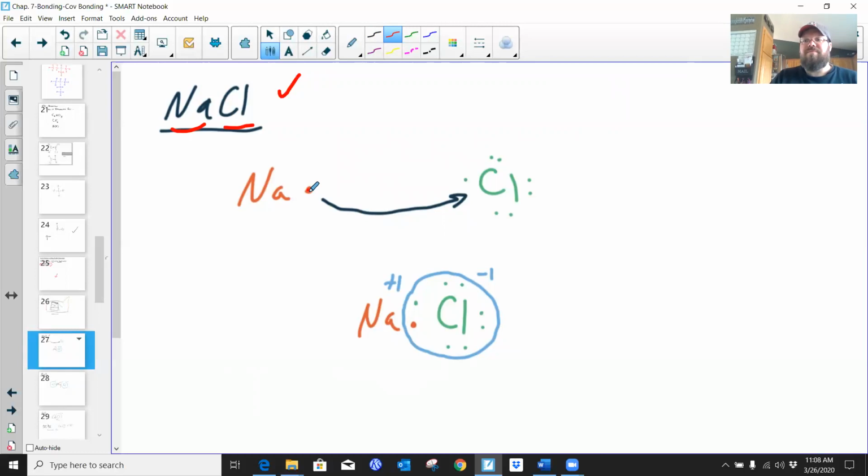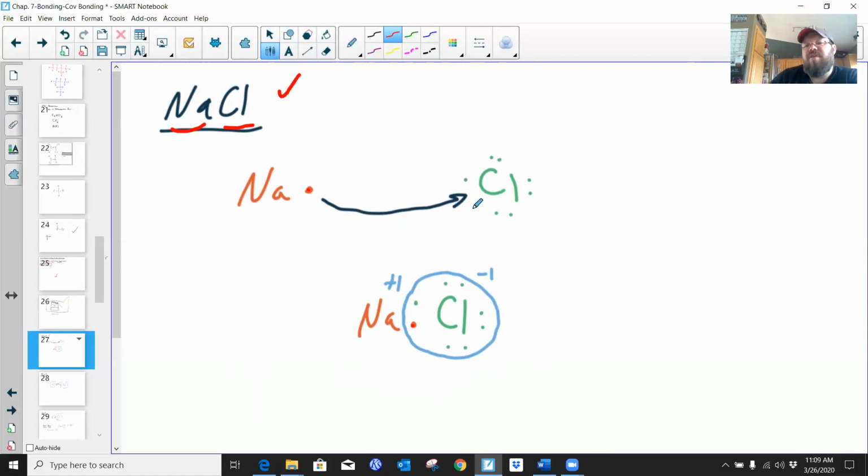So in sodium chloride, the electron places itself within the valence shell of chloride, and now chlorine becomes chloride by taking ownership of that electron. So when we draw this, we want to show electron ownership.